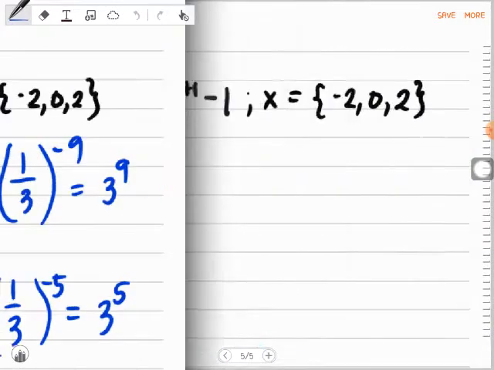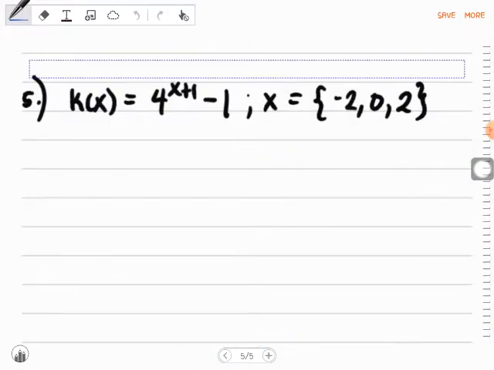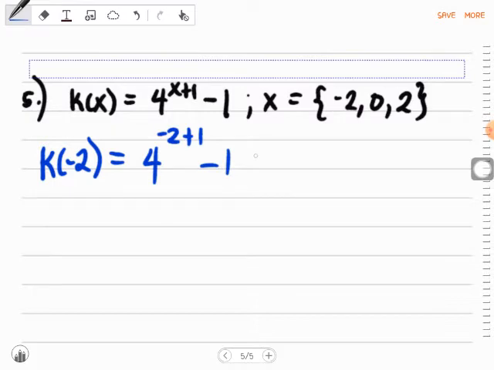And finally, for number 5, we have k of x equals 4 raised to x plus 1 minus 1. So, using the same values of x. So, we have k of negative 2 equals 4 raised to negative 2 plus 1, minus 1. That's 4 raised to negative 1, minus 1. Okay? And then, syempre, gagawin natin 1/4 yung isa dahil negative siya.